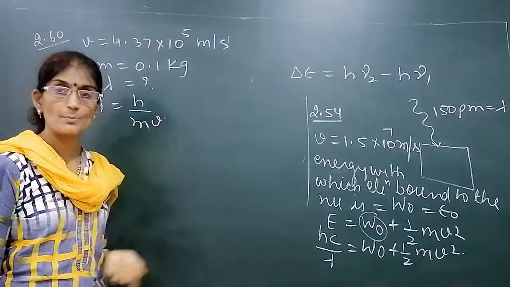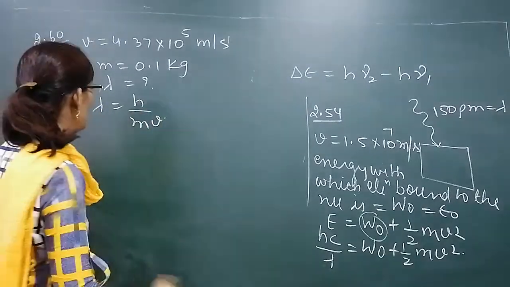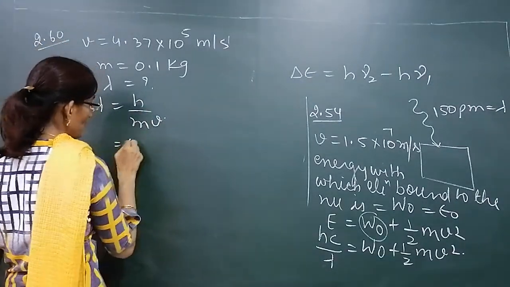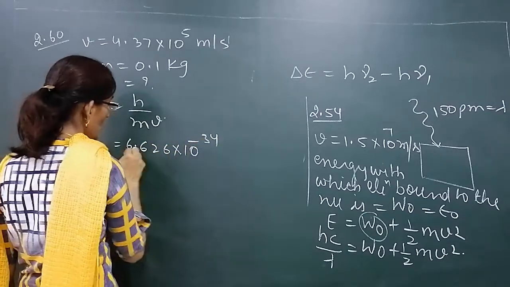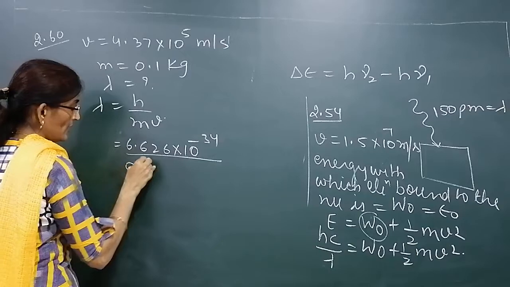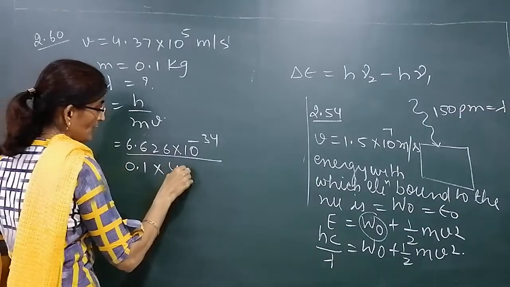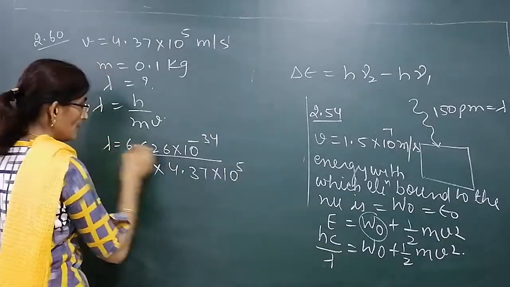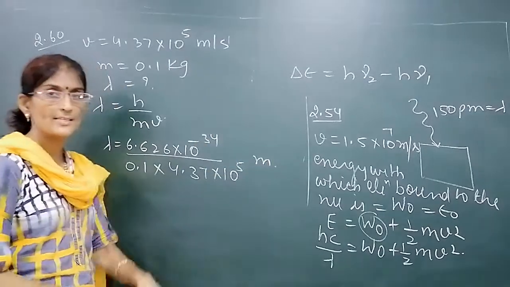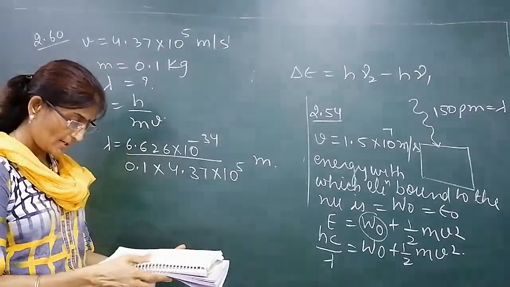Velocity is in meter per second, which matches. Put in all the values and calculate the answer. 6.626 into 10 raised to minus 34 divided by 0.1 kilogram mass and 4.37 into 10 to power 5. So the answer would be in meter. This way we can determine wavelength.